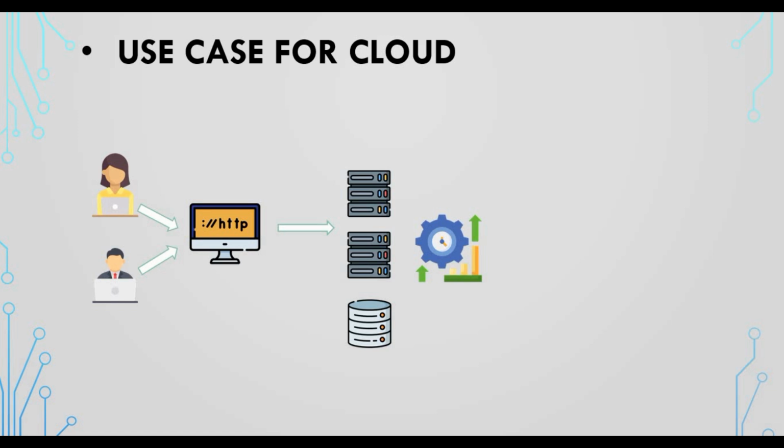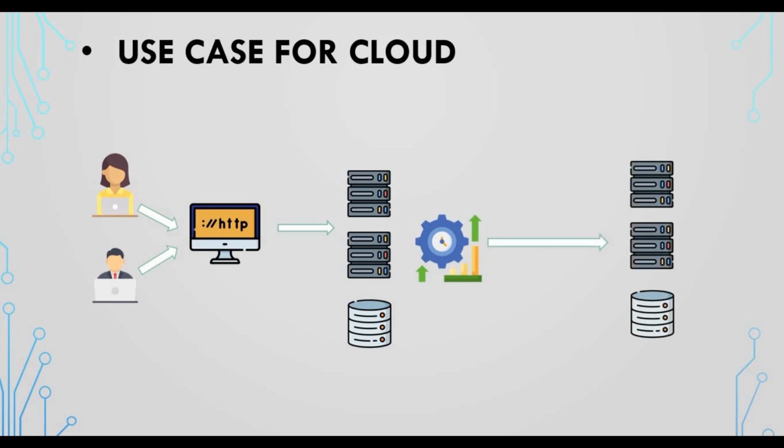Now a scenario happens where the usage of this website has increased drastically, so that the load on these servers and database has become so high that you need to add additional servers, right? In a normal traditional setup, you need to order physical servers, get those servers, set them up, install everything, and make that setup for easy access of this application from the increased user count, right? Otherwise those users will get some performance issues.